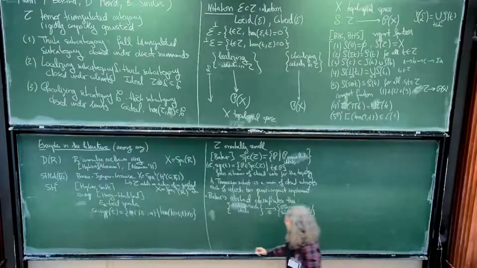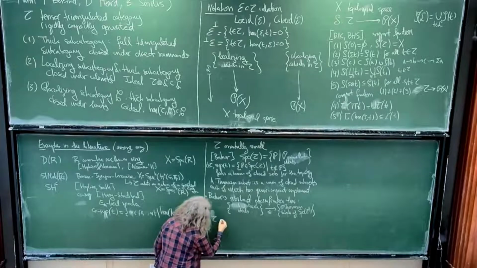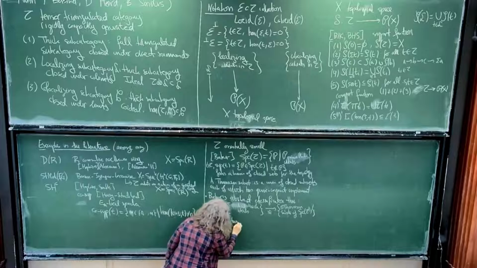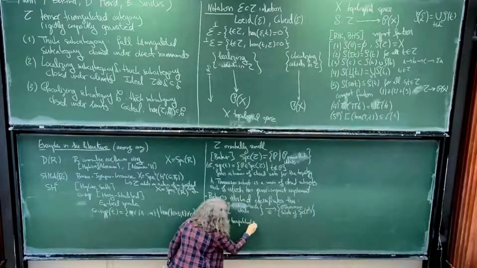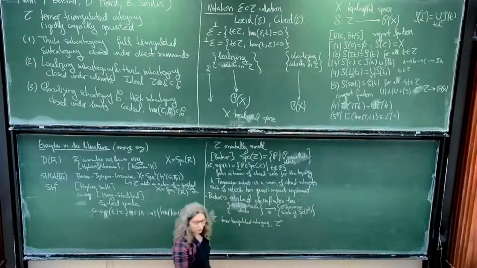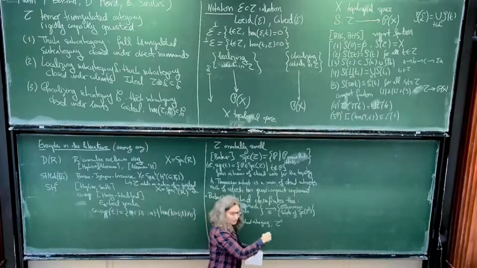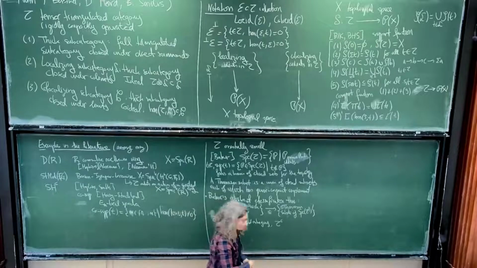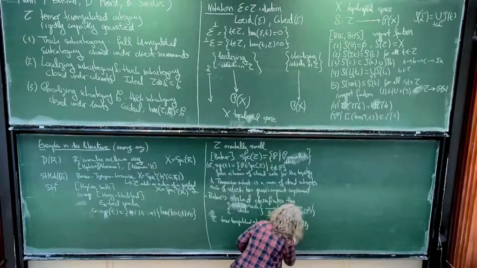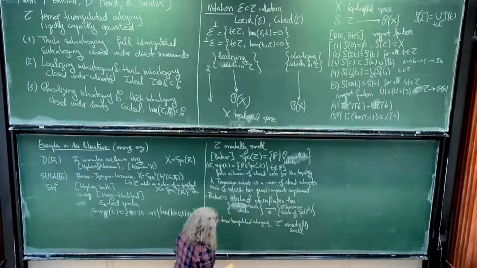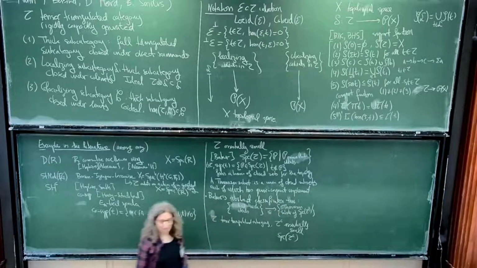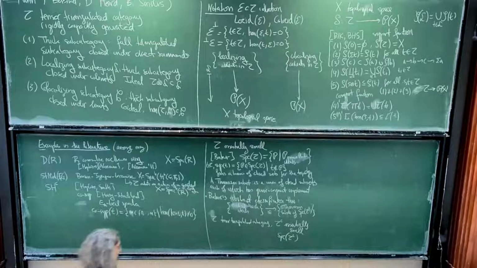If T is any tensor triangulated category and you look at the compact objects, those are essentially small, so it makes sense to look at the Balmer spectrum for the compact objects.